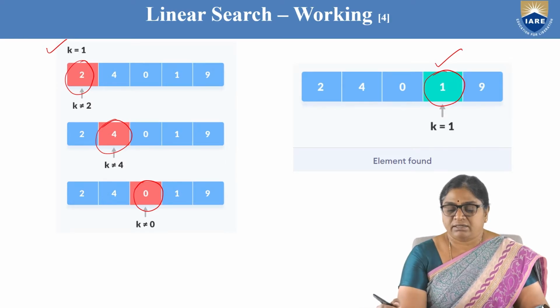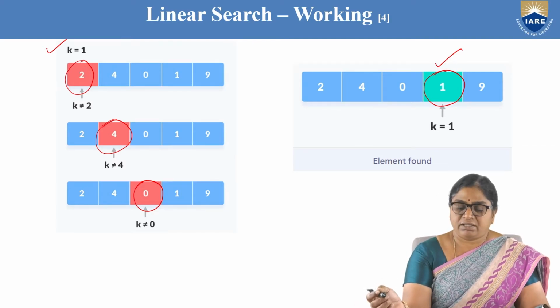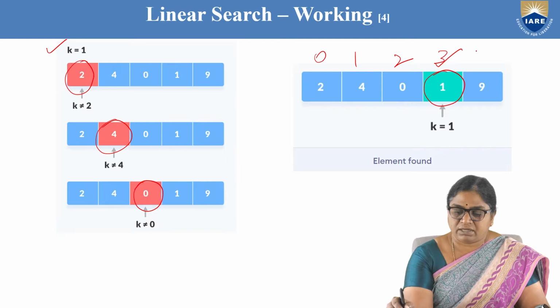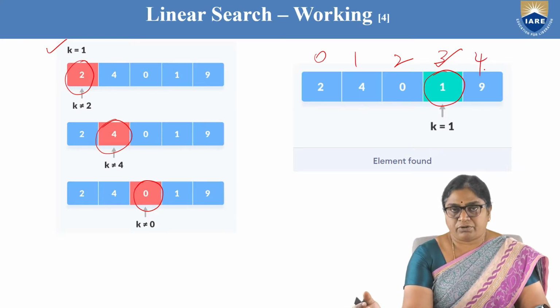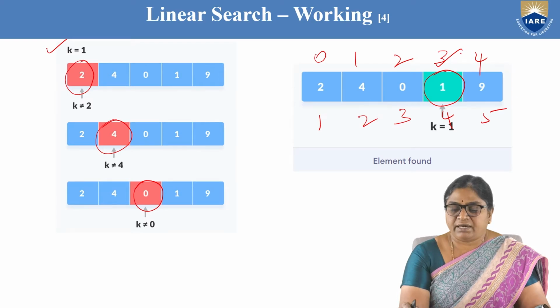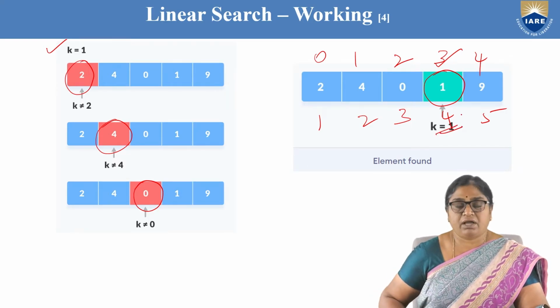So here the position of that particular key element is 4. Generally, the indices will start in any programming language with 0, 1, 2, 3 and 4. But human readable indexes are 1, 2, 3, 4 and 5. So here the index is 3, but the location at which we found that element is 4th location. So here our searching algorithm must display 4 as the location of the key element.